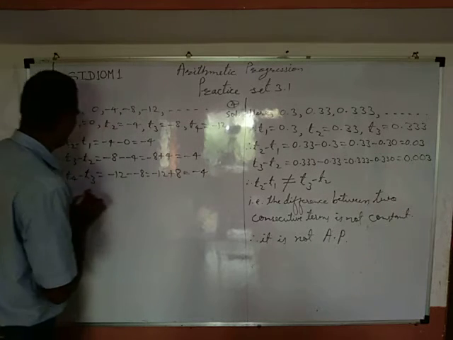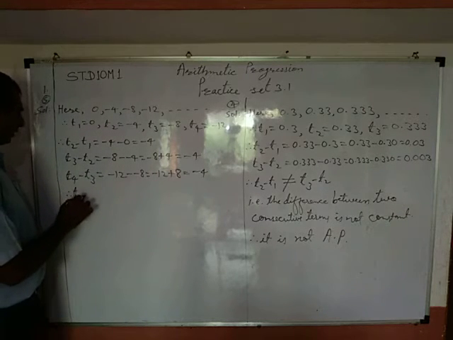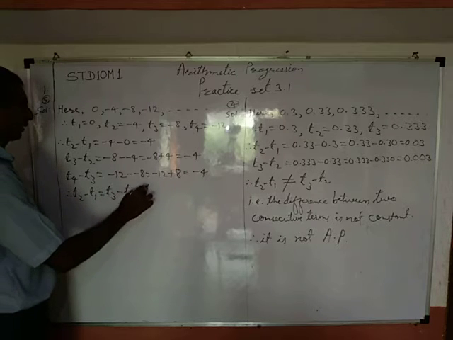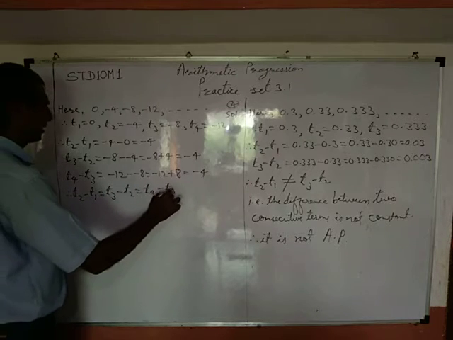-4. And therefore, T2 minus T1 equals T3 minus T2 equals T4 minus T3.